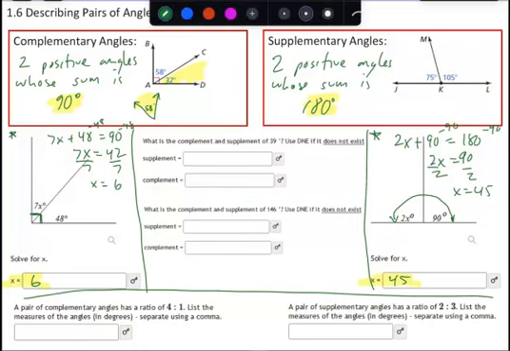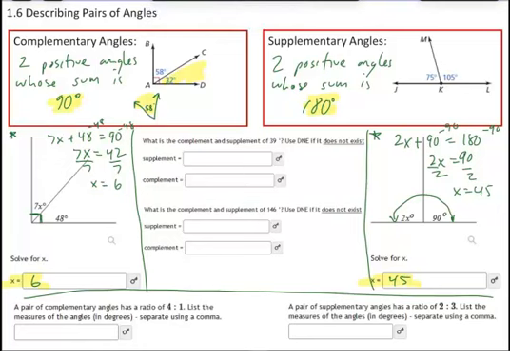All right, so that's bridging the gap between the angle addition and these complementary and supplementary angles. I want you to answer these two middle questions here and see if you can find the supplement and complement of a given angle measure just using the definitions.